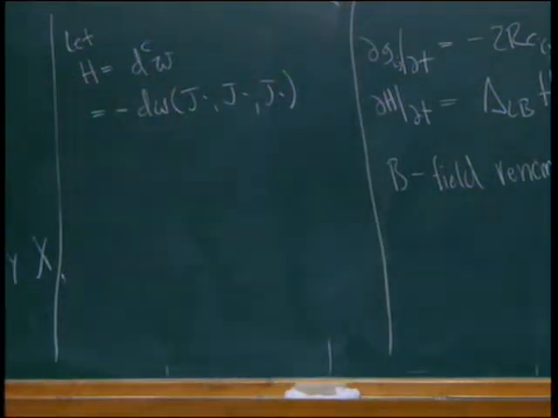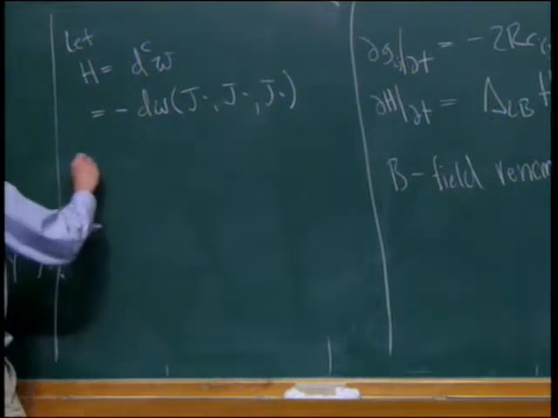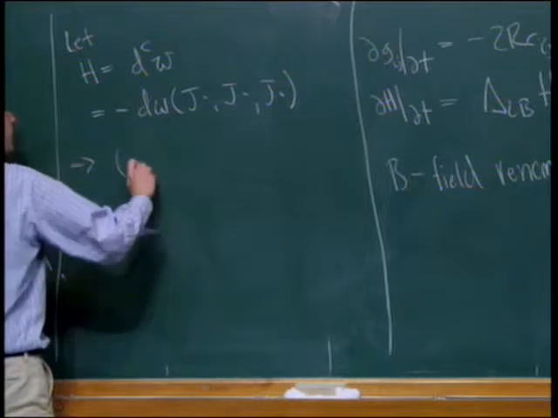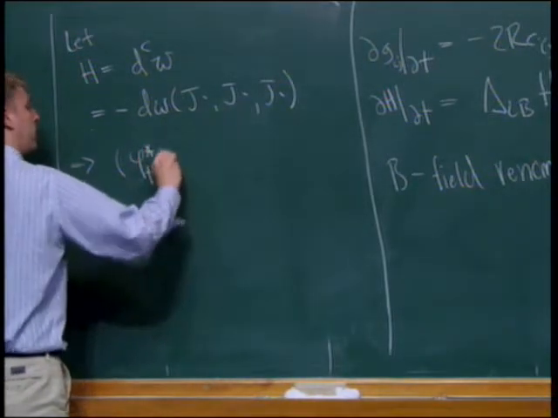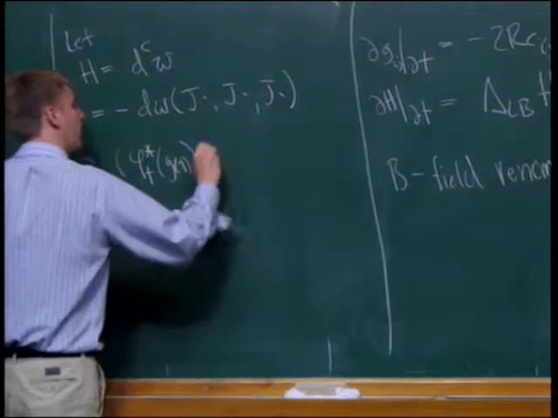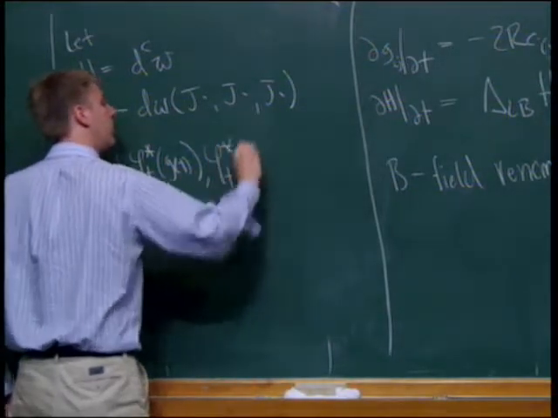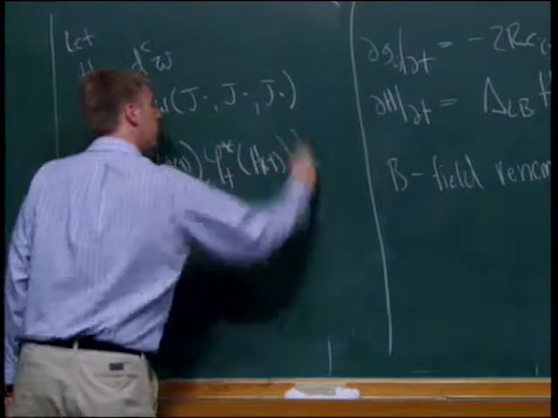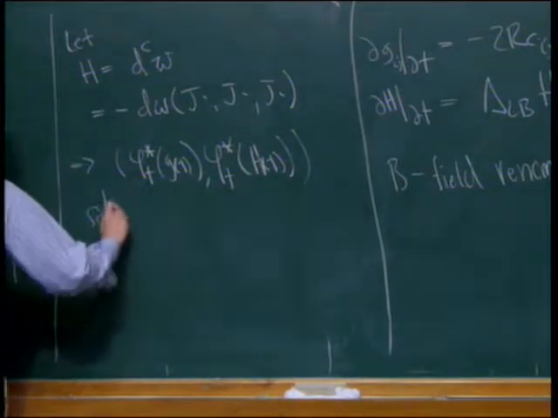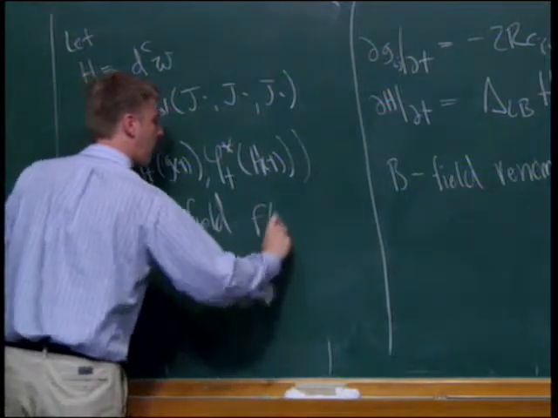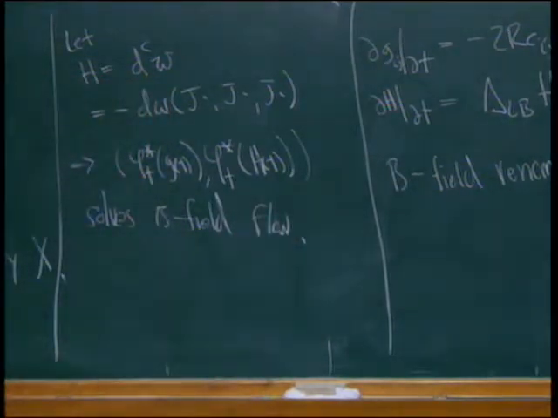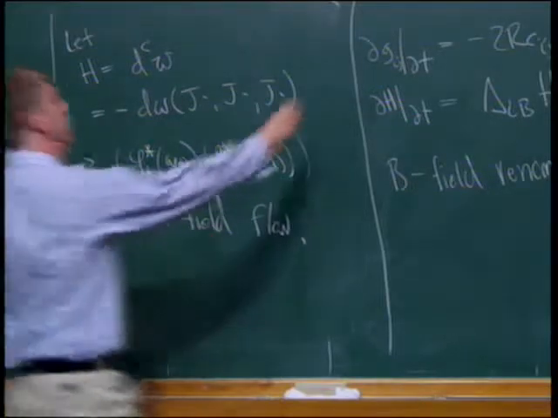Okay, so I guess that's all the setup. The statement is that (φ_t* g(t), φ_t* H(t)) solves the B field flow. This one.